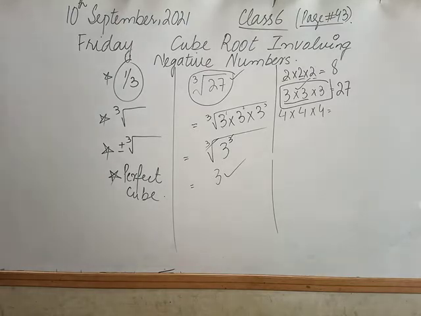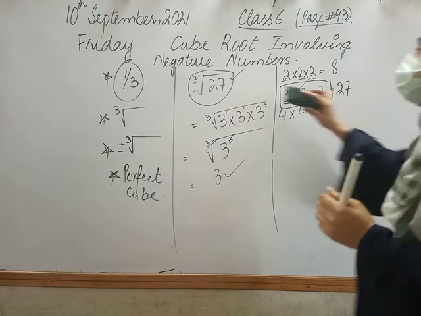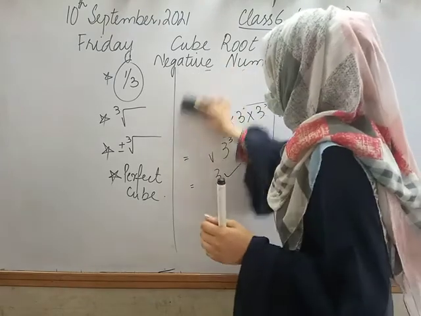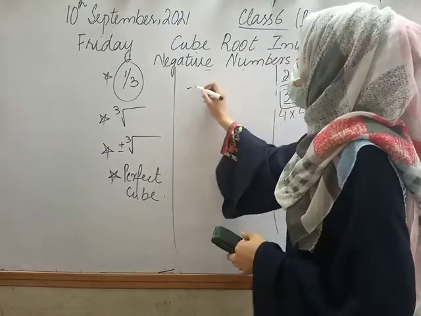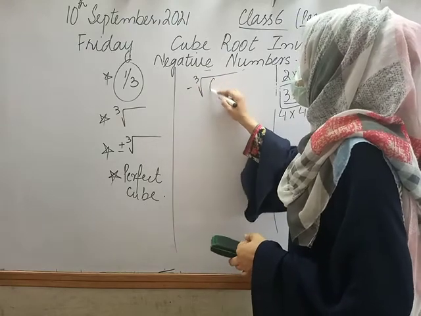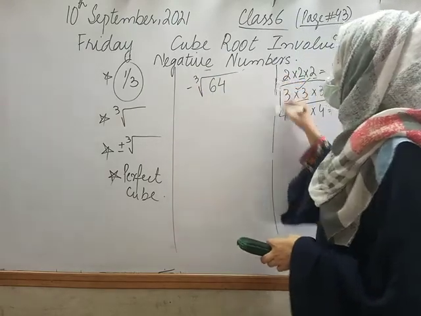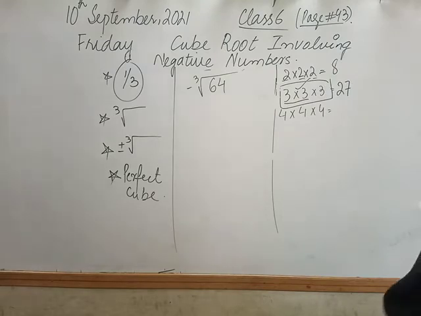Now let's take another example, which is minus cube root of 64. Now, how do we know class this is a minus cube root? How do we know this? Yes, Ali, you tell me.